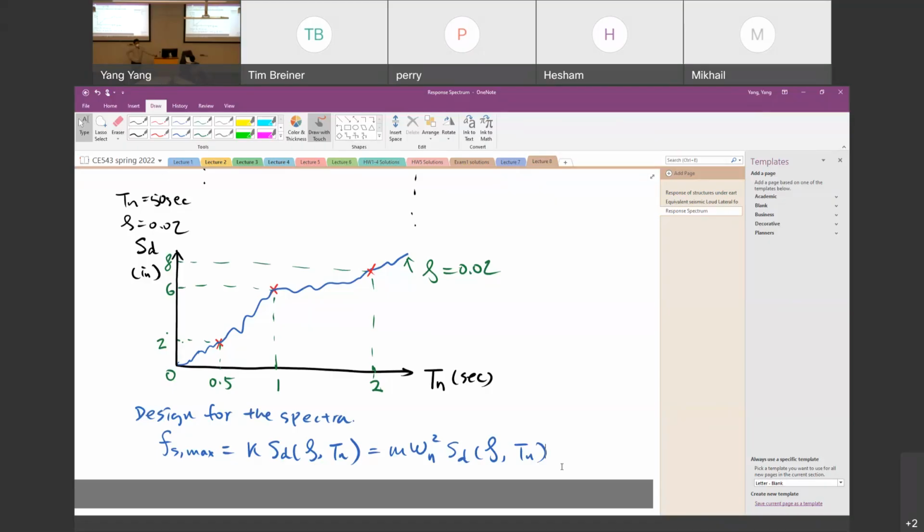Also, I remember at the beginning of this semester we mentioned that the damping ratio is generally related to the material you use for the structure. For example, for a steel structure, the damping ratio is around 2%. If you have a timber structure, the damping ratio may be a little bit higher.